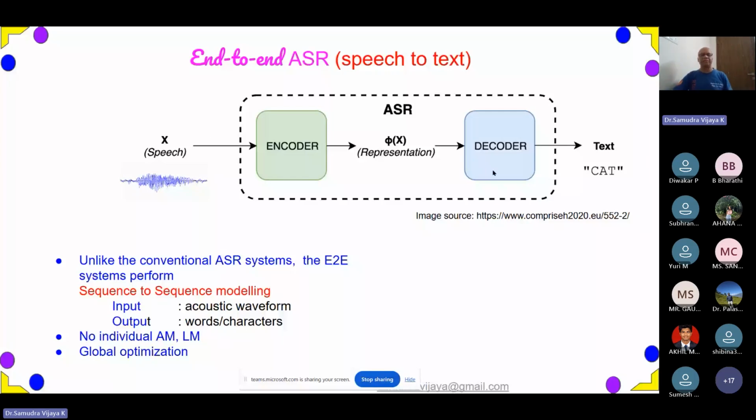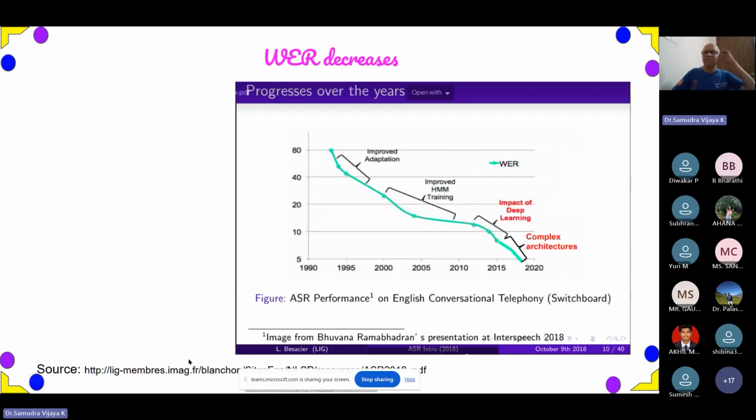There is no acoustic model separately, there is no language model separately. Everything is taken care of by these big neural networks. It is also global optimization. It's a big system. It works well if there is enough training data. And this is just a chart of how the word error rate on the y-axis kept on decreasing as years progressed: hidden Markov models and now deep neural networks.